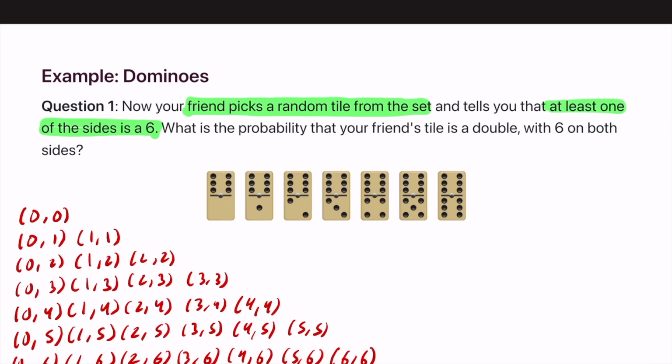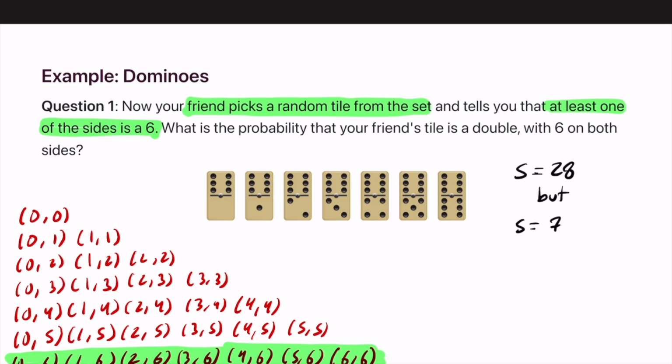So our space was S equals 28, but at least one side has a 6. So now we know that our S actually equals 7, and it only equals these ones right here. So this is the new space, probability space that we care about.